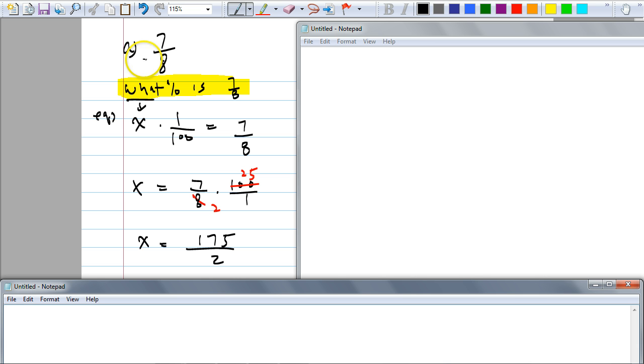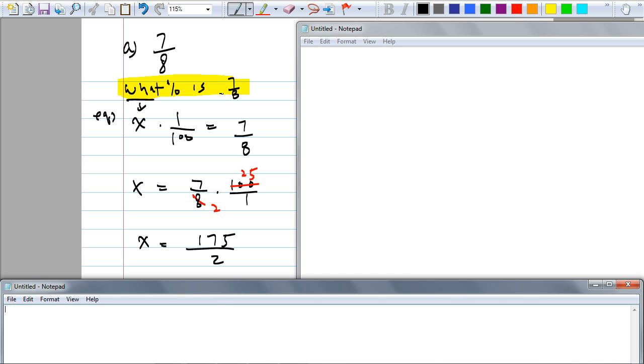Yeah, which represents? Yeah, as a what? Percent. So we found x, which is 175 over 2. Percent is what? Is 7/8. Does that make sense?